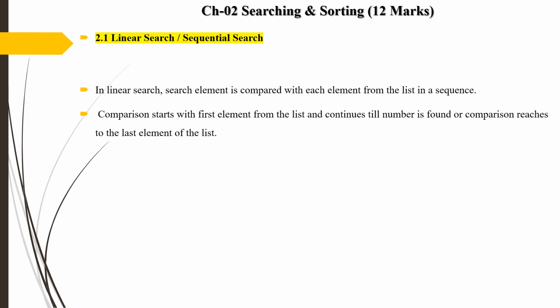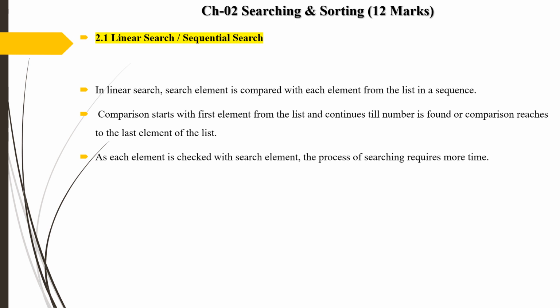Comparison starts with the first element from the list and continues till the number is found or the comparison reaches the last element of the list. So it compares the key element with every element in the list, and if it finds the element, then it returns the index of the element.